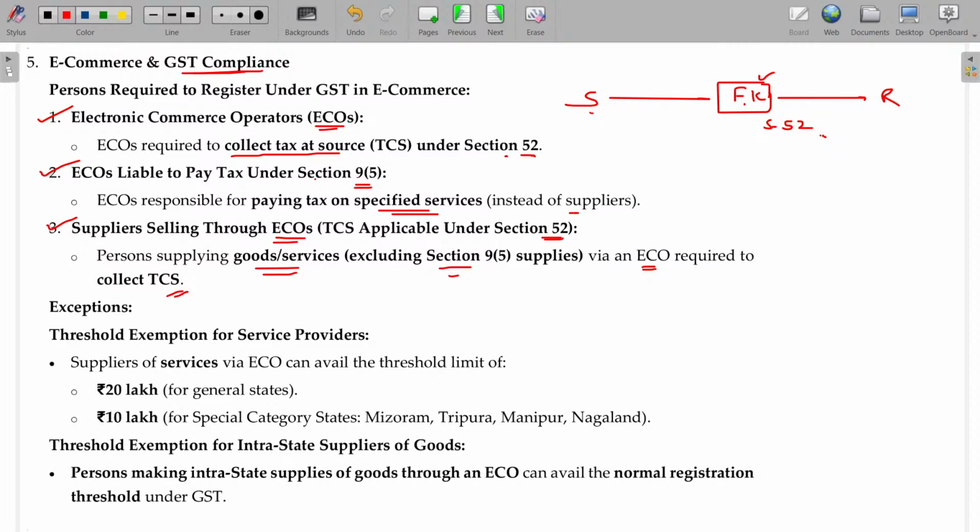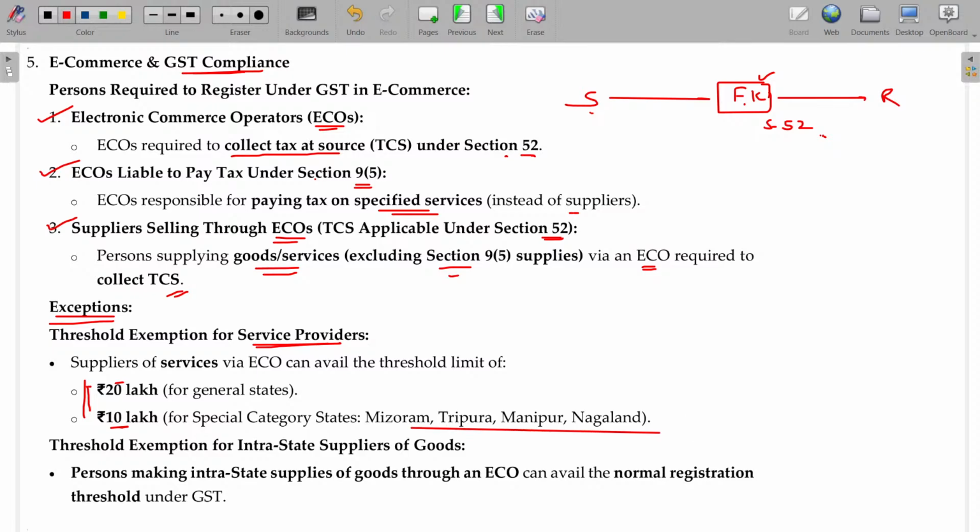If I am the supplier selling through ECO, sometimes the supplier is also required to register under section 24 compulsory registration. And we have the exceptions. Threshold exemptions for the service provider: the 10 lakhs and 20 lakhs limit will be there. So in case of 20 lakhs, it's for whom? MMNT.